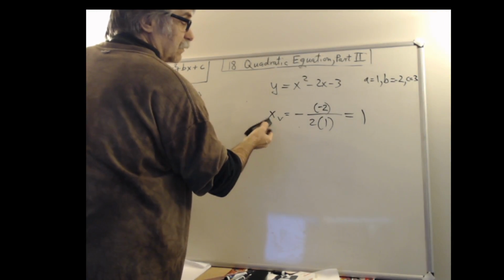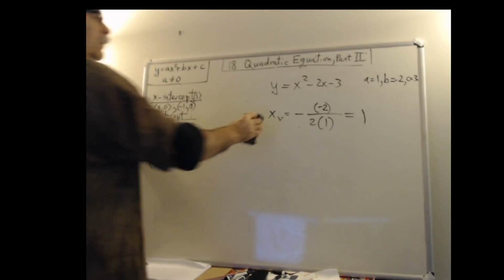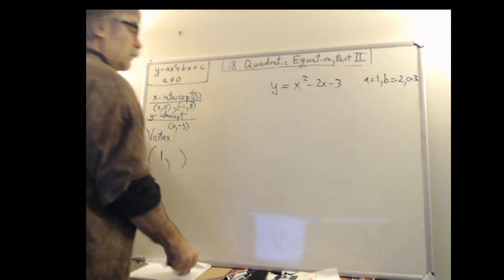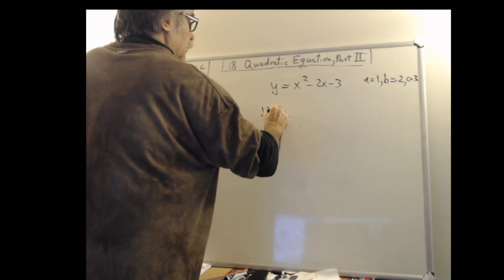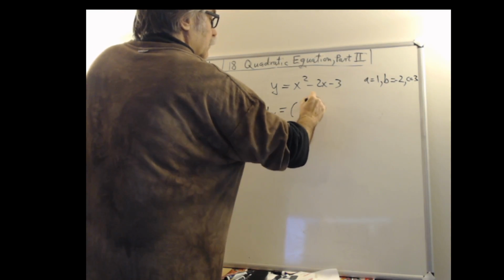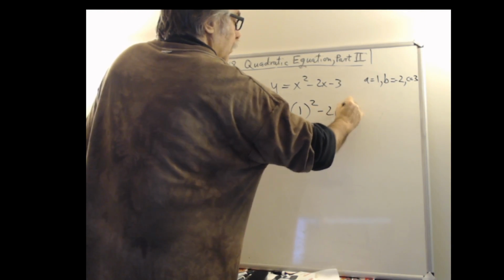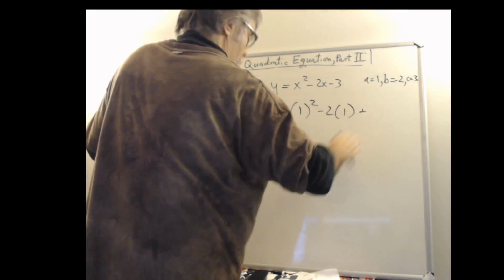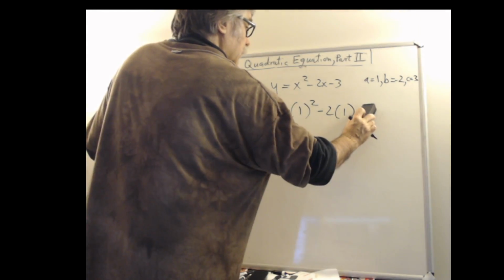And what's the second coordinate? You remember this. Oh, I just wrote it here. The y of the vertex is equal to the x of the vertex plugged into the equation.